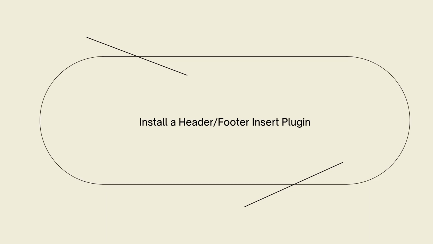If your chosen Facebook Pixel plugin doesn't have built-in options to add the pixel code to specific sections of your website, you can use a header or footer insert plugin. Install and activate a plugin like Insert Headers and Footers or Header and Footer Scripts. These plugins allow you to add code snippets to the header or footer of your WordPress site.